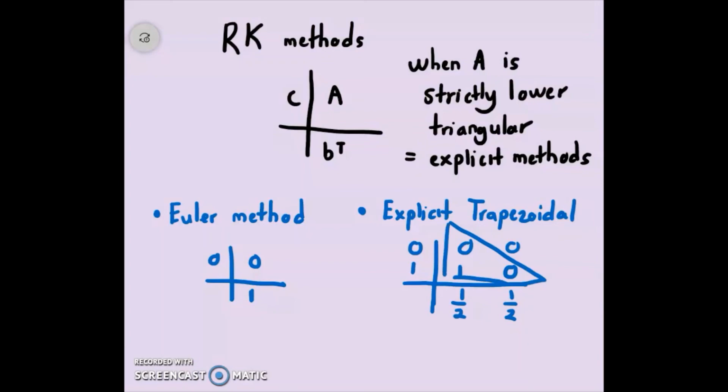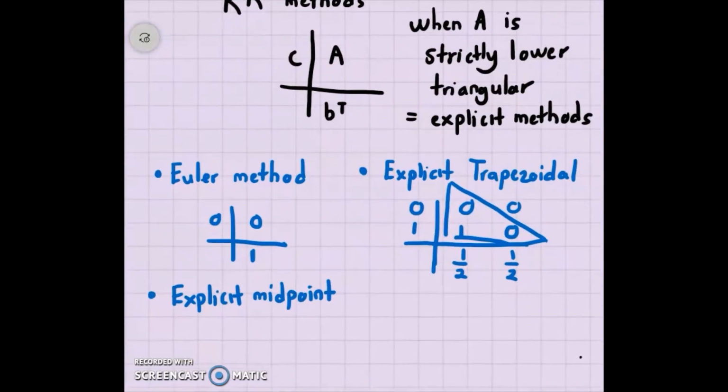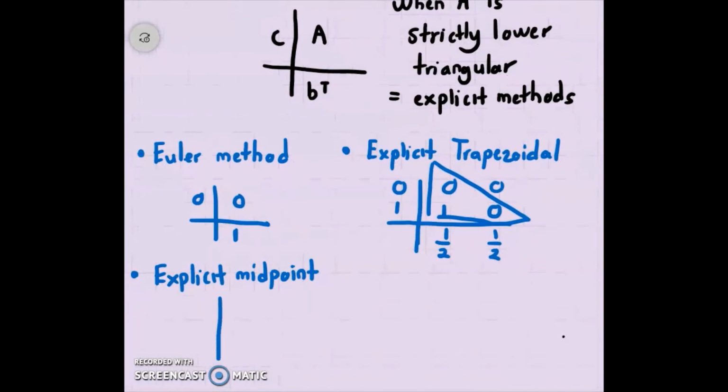Now we also looked into the explicit midpoint, given as 0, 0, 0, half, half, 0, 0, 1.